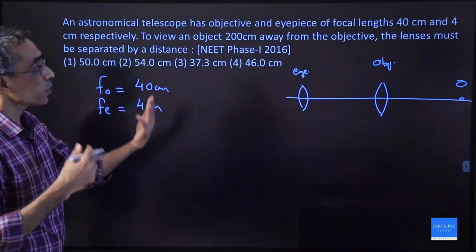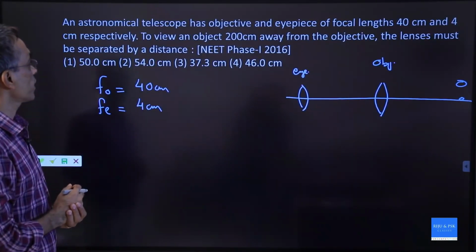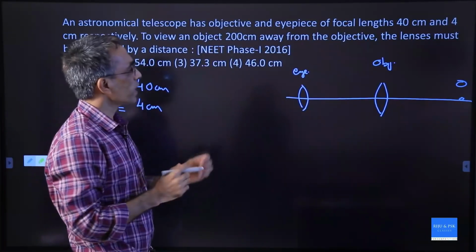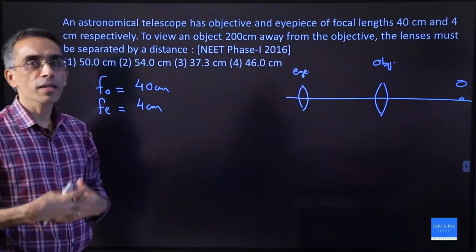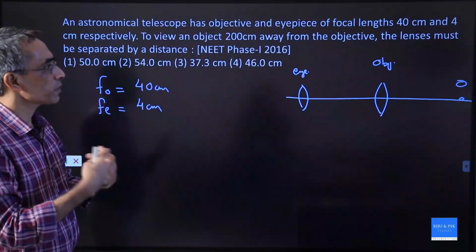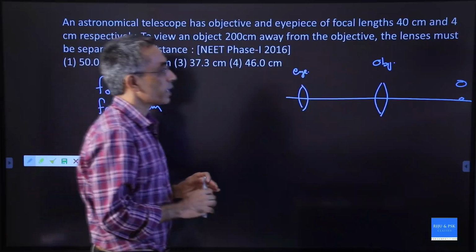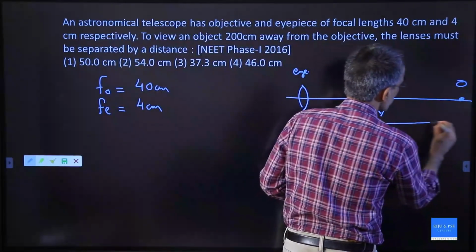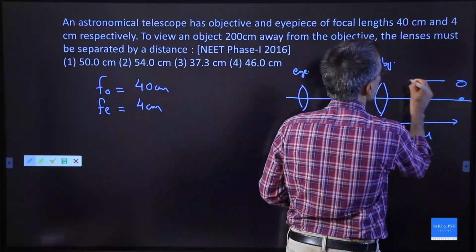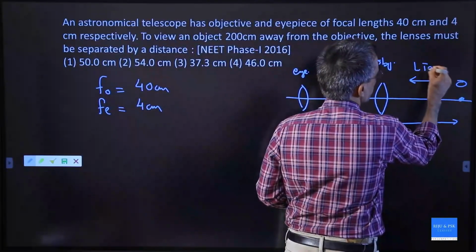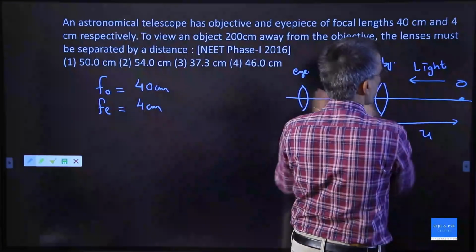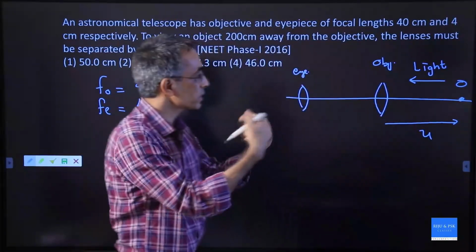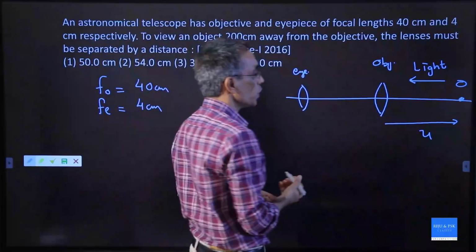To view an object 200 centimeter away, okay, this can be confusing, like where should the final image be? Final image, where must be the final image? First of all, let us try, this is the object, this is the object distance, light will come in this direction. In most of my problems, I was taking light coming from this direction, but this is reverse, it is coming from that side.